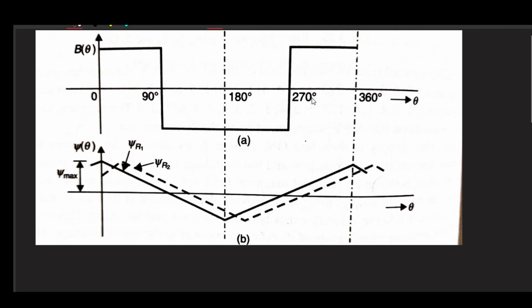And for that air gap flux density, it is just like that. Even in explaining DC armature reaction, we saw this kind of flux linkage of a particular coil. So how can we write the flux linkage of R1 R1 dash?